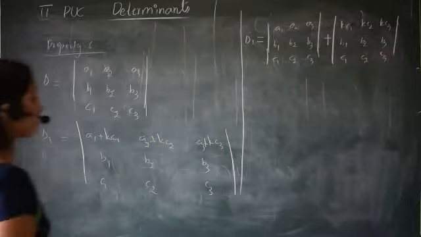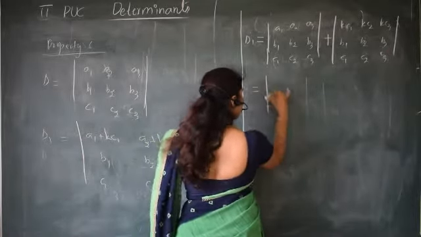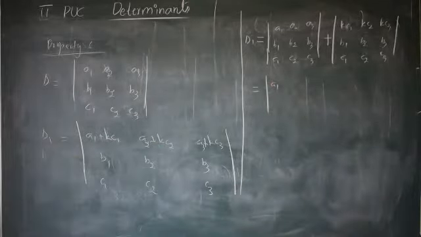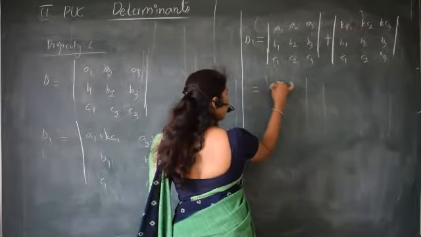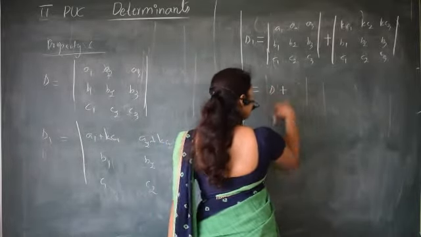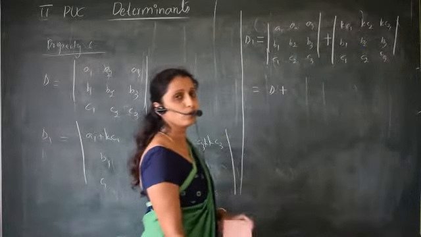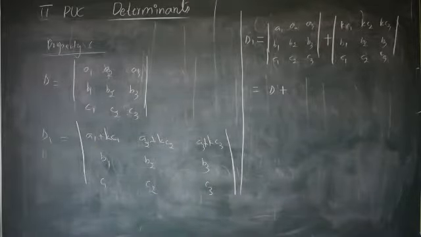So next, the first determinant is as it is, A1, A2, A3, or I can directly write that as delta. Plus, again we can see here k is common in the first row, so we can use one more property, that we can take common terms from any rows or columns.